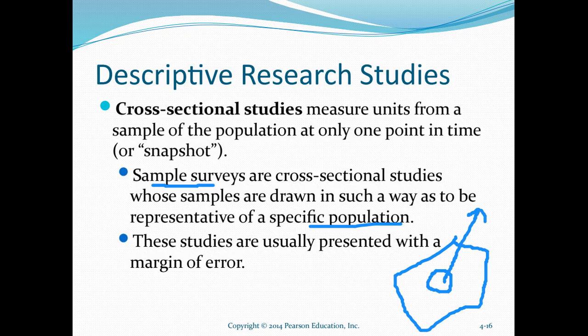So these studies are usually presented with a margin of error. There is a probability that this sample may not be accurately representing the whole population. So normally we go with a 5% margin of error. It means we should have a 95% confidence interval.